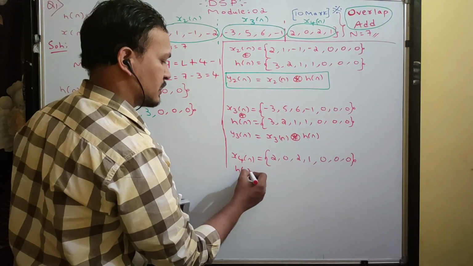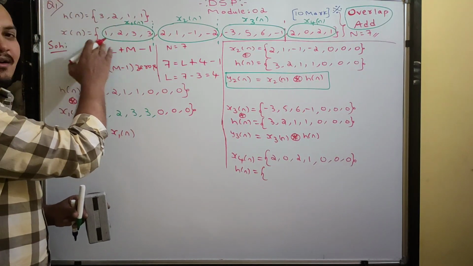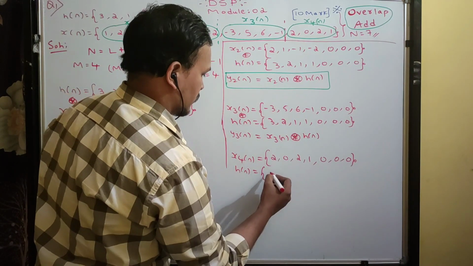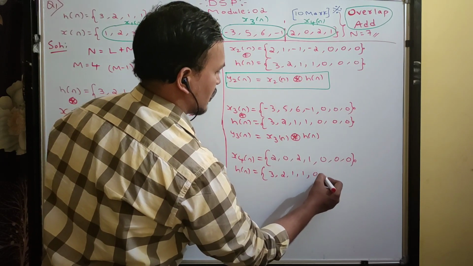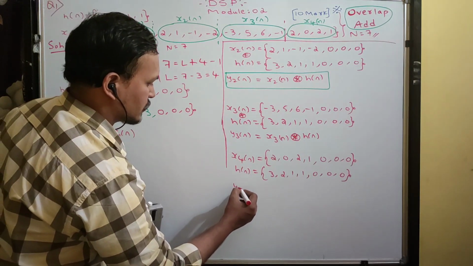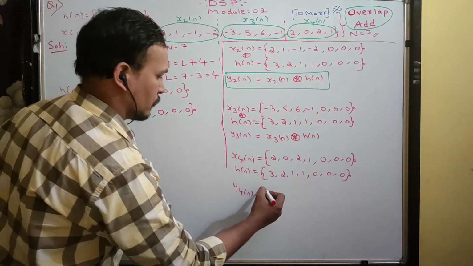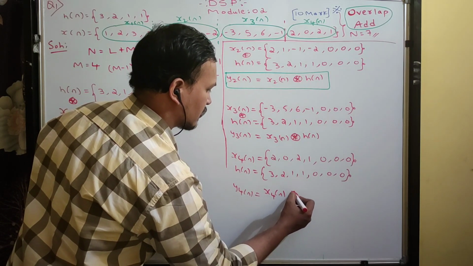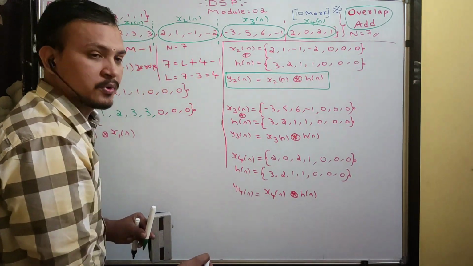So h of n is the same. Only we are filtering the long data input sequence. 3, 2, 1, 0, 0, 0, 0. Now what is y4 of n? Circular convolution between these two, x4 of n circular convolution h of n. So you will get one output.